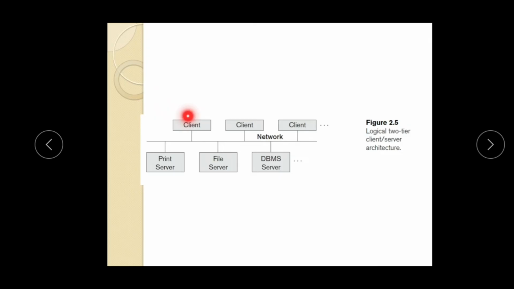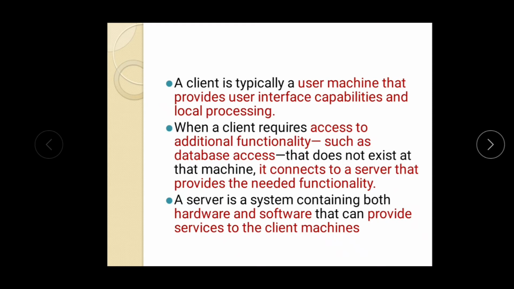Whatever request is received from a client is passed to the server. The server processes it, takes the needed information, and gives the response to the particular client. For all this we require software installed in these servers. So this is called a basic client-server architecture.